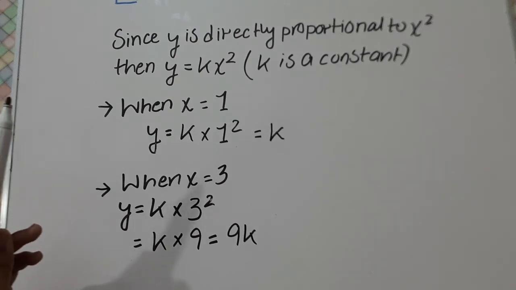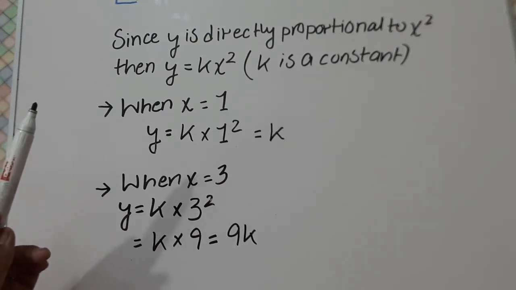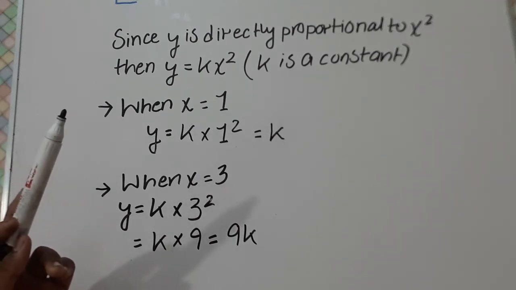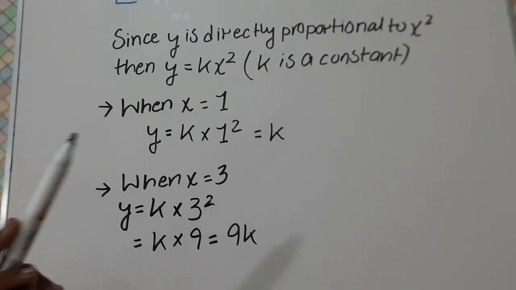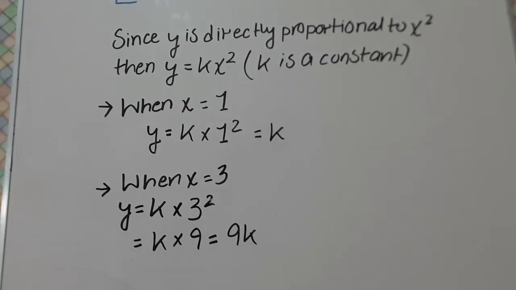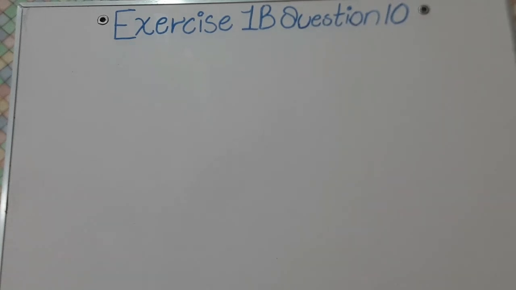Now let's move to the next thing, that they have asked us to find the value of y when x is minus 2 and the difference of 32. So let's solve this first. Previously we found out the values of y when x was 1 and 3. Now after finding these values they have asked us to find the difference of y, which is 32.